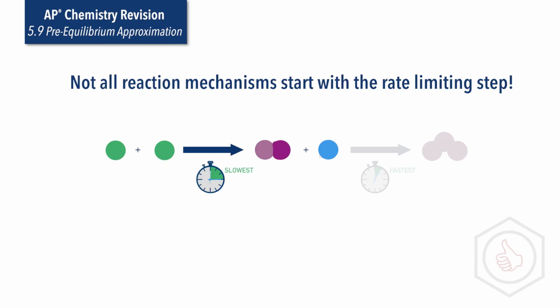Not all reaction mechanisms start with the rate limiting step. In some cases, the first step is fast and reversible before the slower rate-limiting step occurs. This means the fast step quickly reaches a pre-equilibrium before the slower step. In other words, the fast initial step establishes a dynamic equilibrium between the intermediates and reactants.